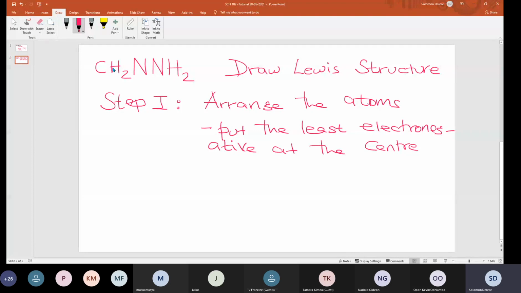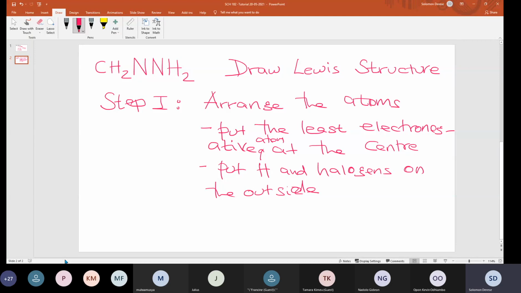So put the least electronegative atom at the center. The other thing, of course, is put hydrogen and halogens on the outside. Okay, these are the basic rules we follow.